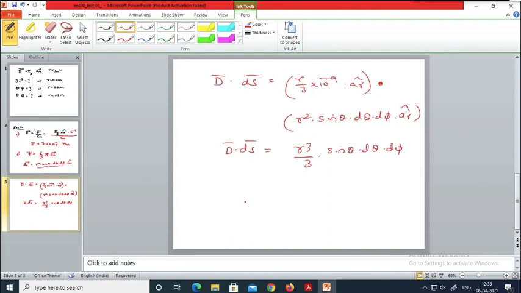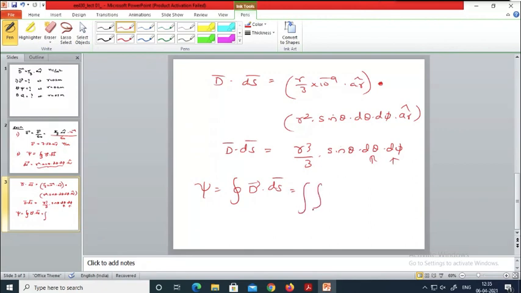Now I'm required to find out psi, closed loop integral D vector into dS vector. There are two integrals now, one for phi and one for theta. Phi is the azimuthal angle, which varies from 0 to 360 degrees. Theta is the half angle, varies from 0 to pi.